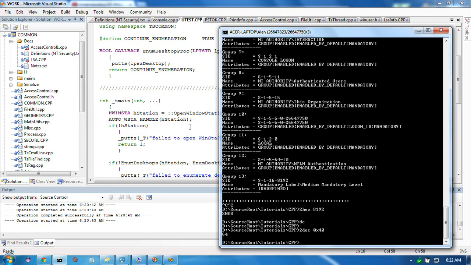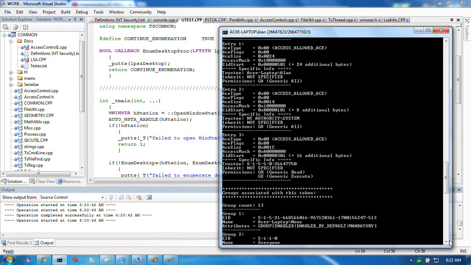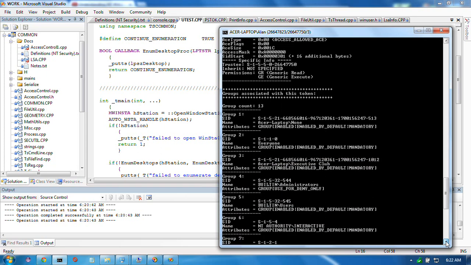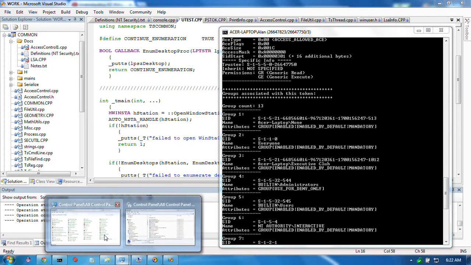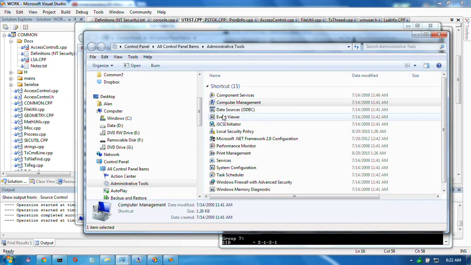So yeah, I was expecting that nobody could be a member of that group, but there are no actual users listed. Where'd it go? I thought I just had it up there.